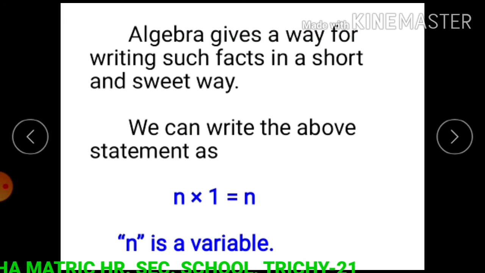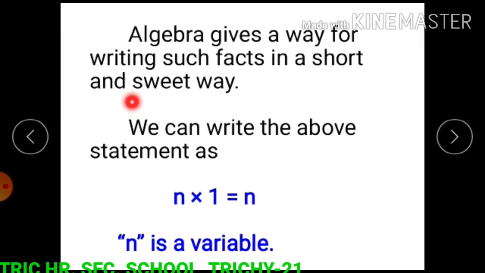Here, algebra gives a way for writing such facts in a short and sweet way. We can write the above statement as n multiplied by 1 equals n. Here n is a variable.